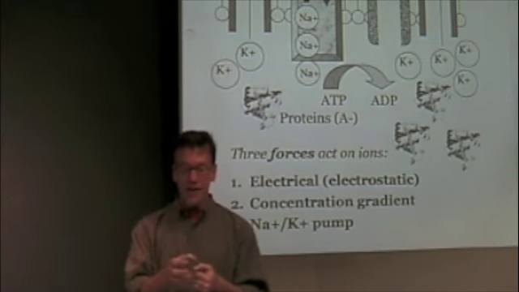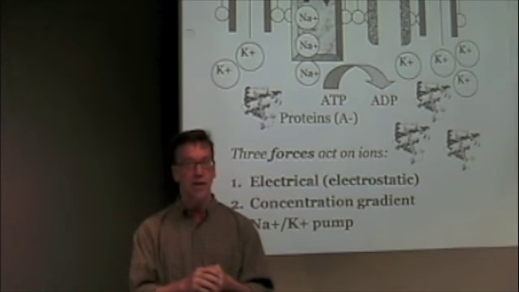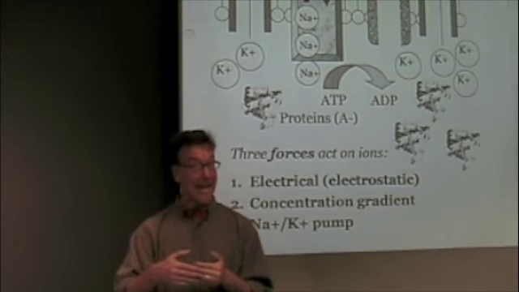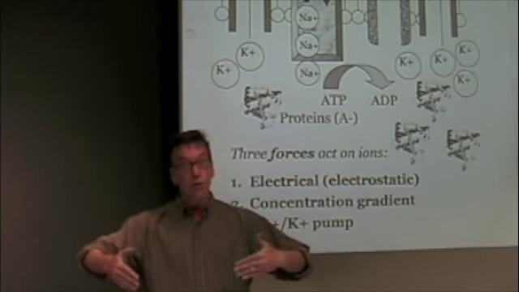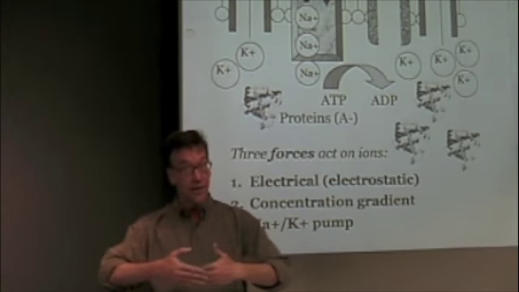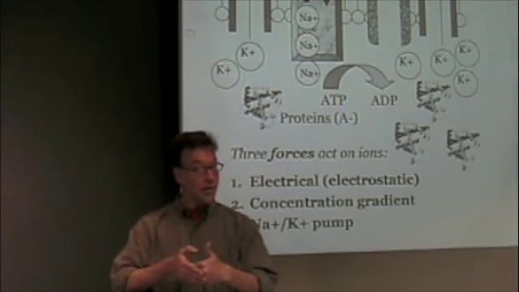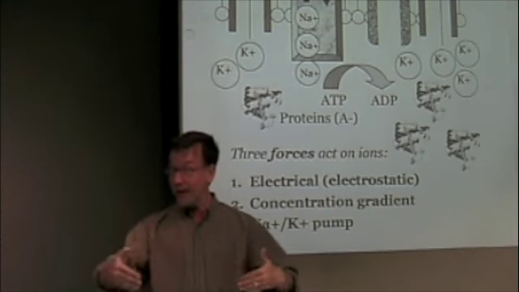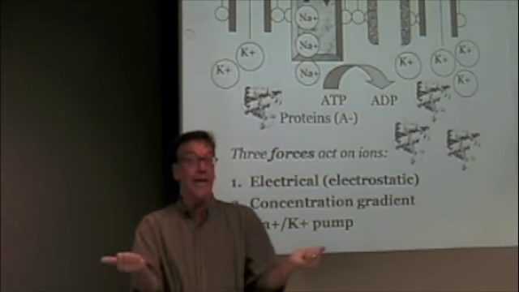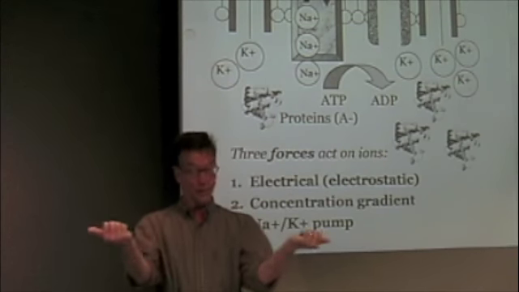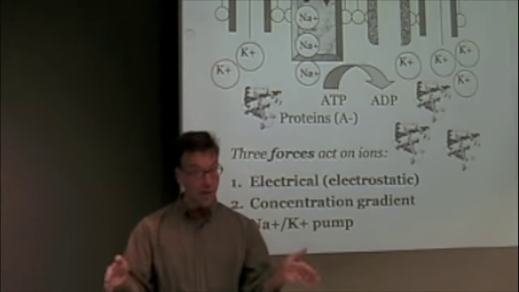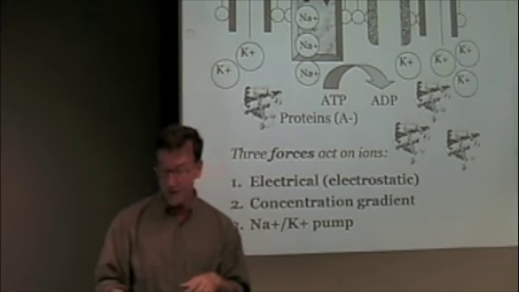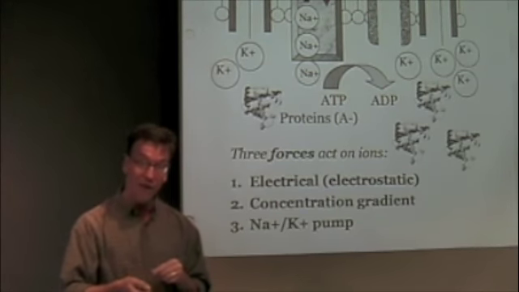So if something is positively charged and nearby is something negatively charged, they're going to move towards each other, right? They attract each other. That's the electrical force. If something is positively charged and it's near something else that's positively charged, it'll try to move away, right? Because this is the repulsive force of like charges, right? Like charges repel each other. So that's one driving force.